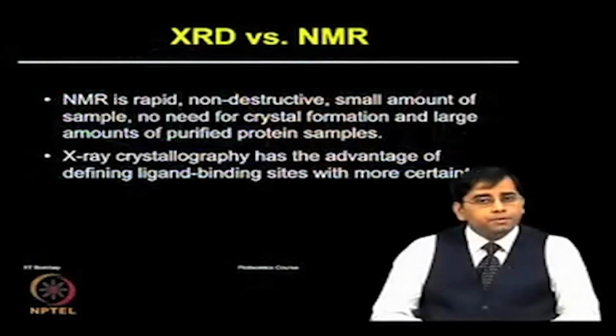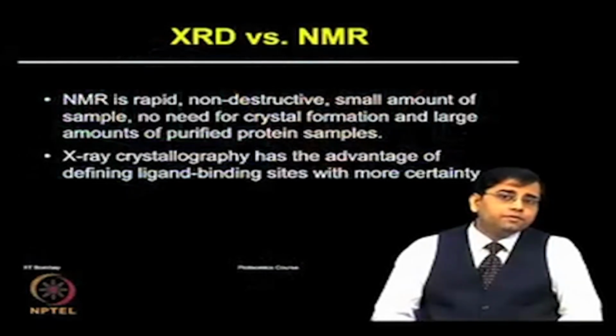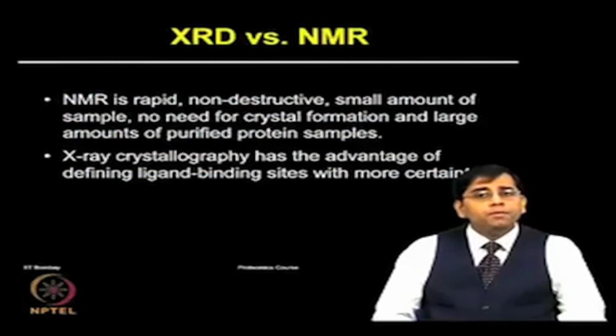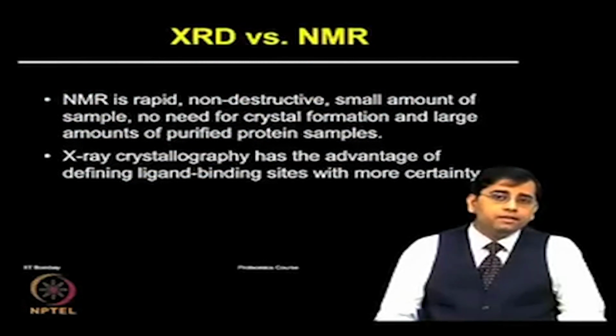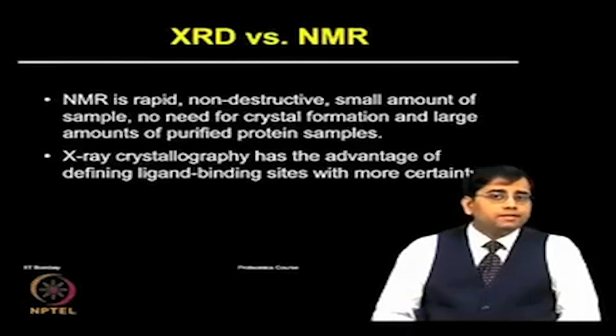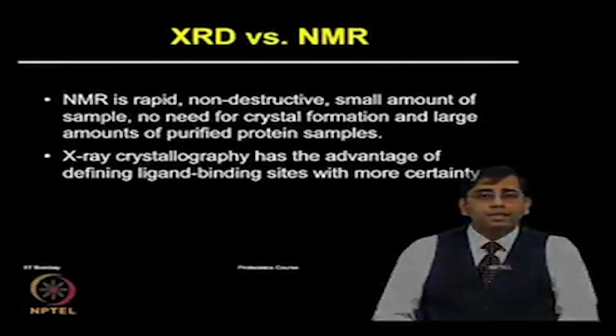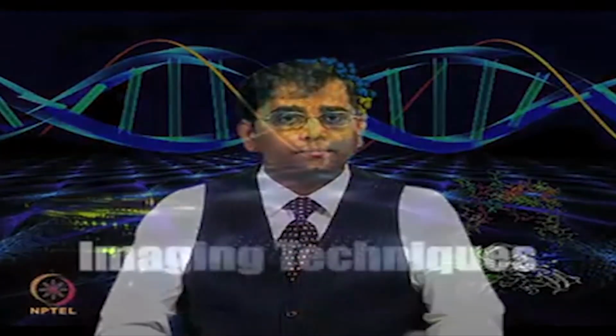NMR is rapid, non-destructive, uses a small amount of sample and does not require tedious sample preparation such as making crystals and large amounts of purified protein samples. On the other hand, XRD has the advantage of defining the ligand binding sites with more certainty.